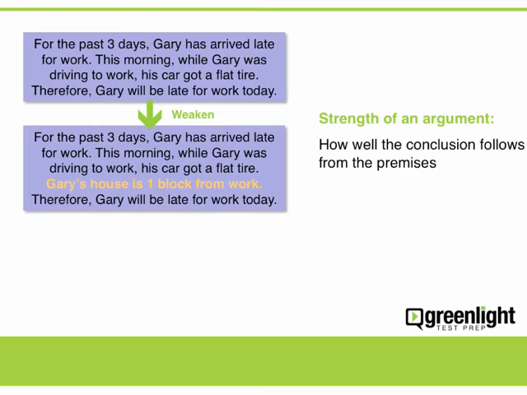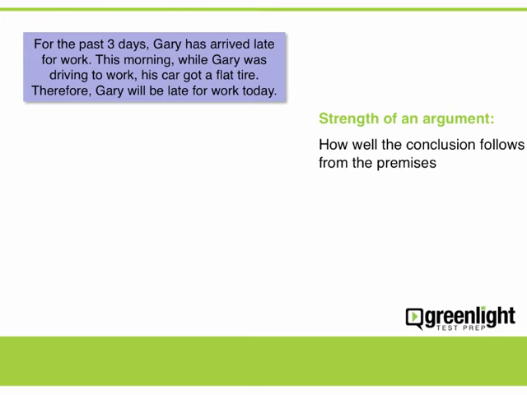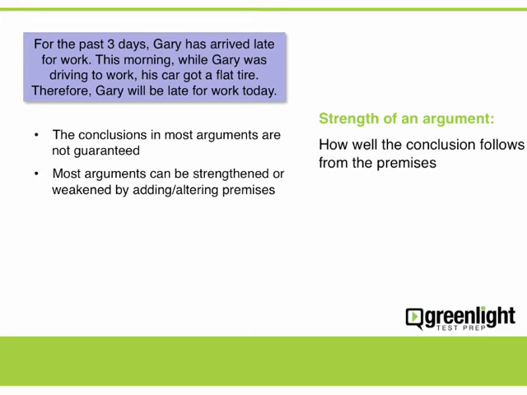So, the 2 important takeaways here are that on the GRE, the conclusions in most arguments are not guaranteed. And most arguments can be strengthened or weakened by adding to or altering the premises. Now, whenever we determine the strength of an argument on the GRE, it's very important to note that we must always accept all premises as being true.